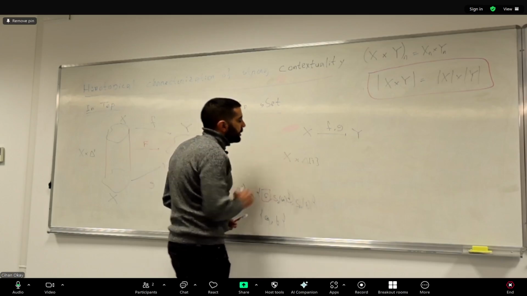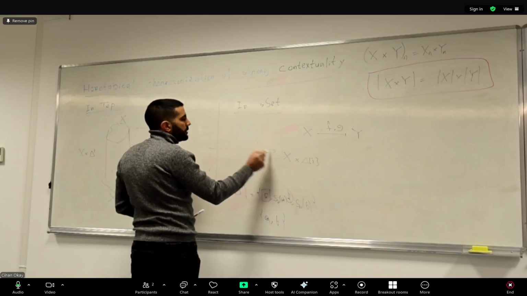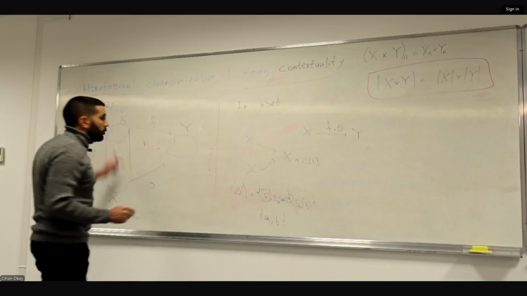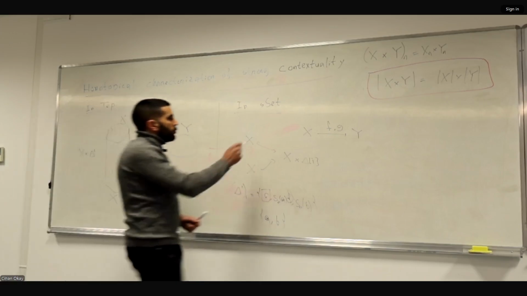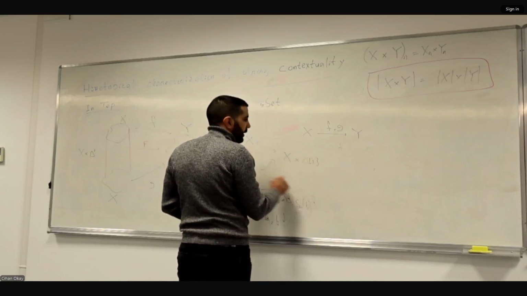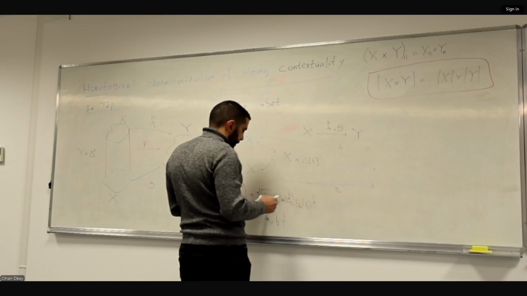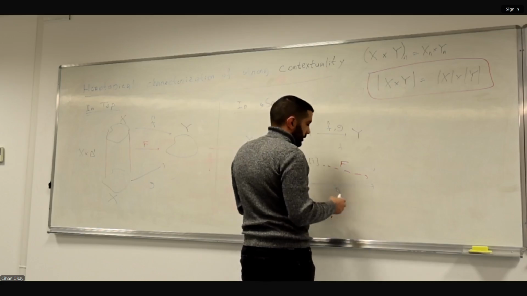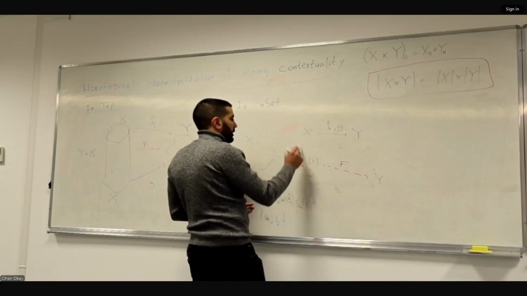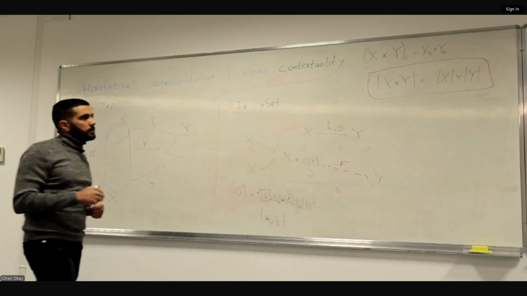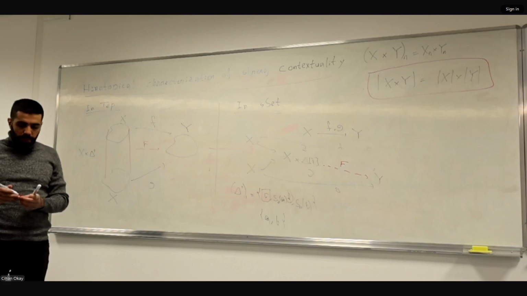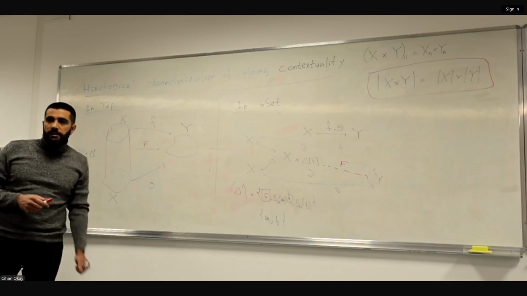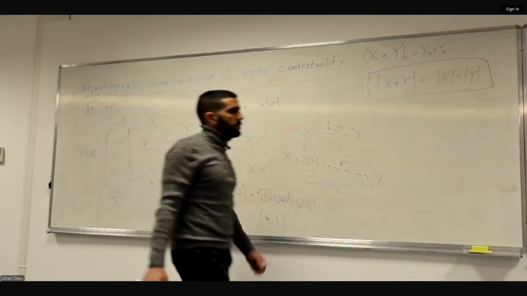Here we also have two inclusions into the cylinder, and these two maps are homotopic if and only if we have such a map f that makes this diagram and this diagram commute. So the same homotopy relation between maps exists in simplicial sets.